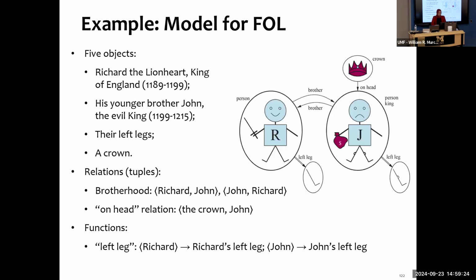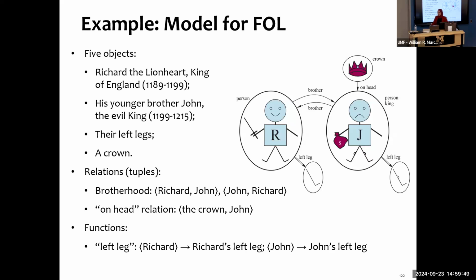So we will go to an example, which is from a very, very old time. In 1189, here in England, I don't know if you have seen this example before. The example of two brothers, Richard and John.